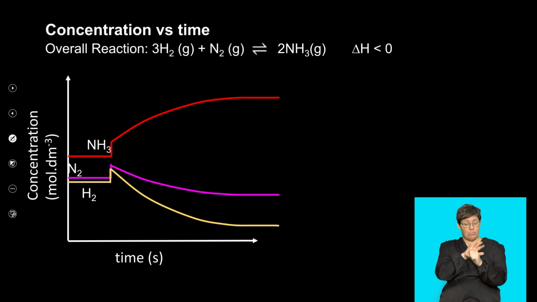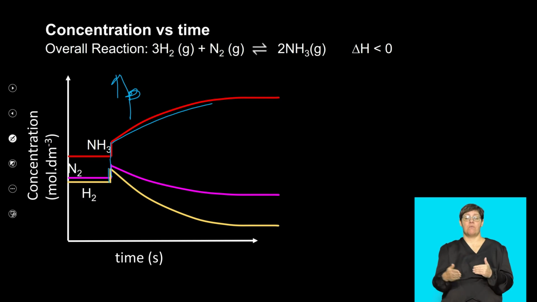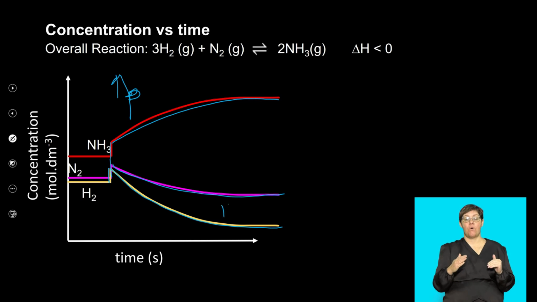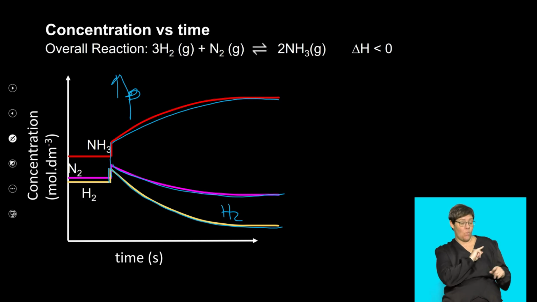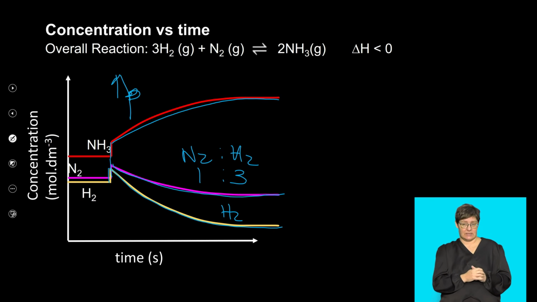The pressure was increased, so all the vertical lines were up. And now, after equilibrium, we have more NH3, we have less N2, and even less H2. Remember I said to you earlier, there's more of a decline in the hydrogen gas because our nitrogen to hydrogen is in a ratio of 1:3 in this reaction.